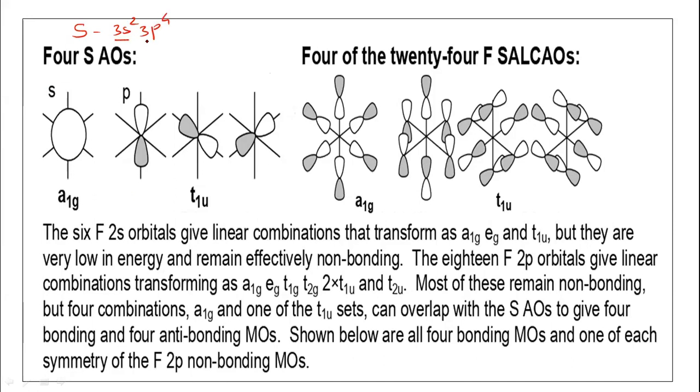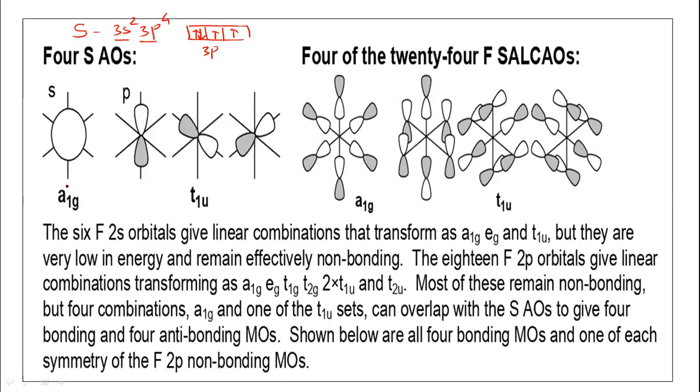So this is the 3s orbital and the 3p orbitals. We can represent the 3p orbitals as 3px, 3py, 3pz, carrying 4 electrons, and the 3s orbital carries 2 electrons. So this is the s orbital of the sulfur, and these are the 3p orbitals given here.